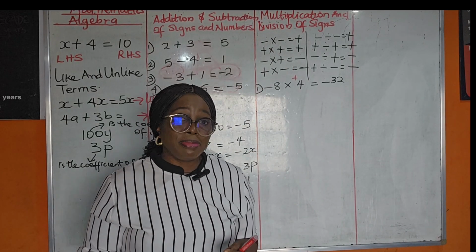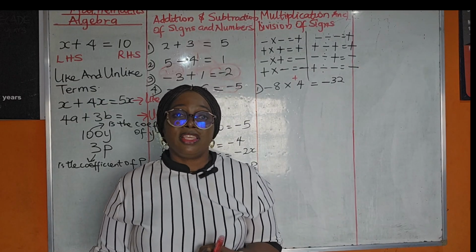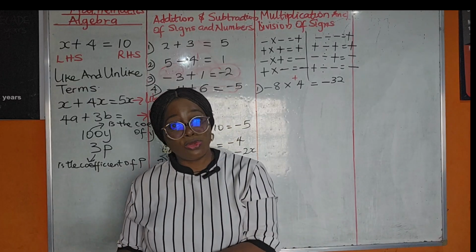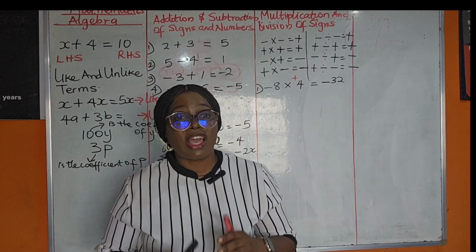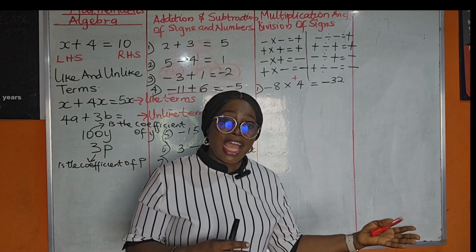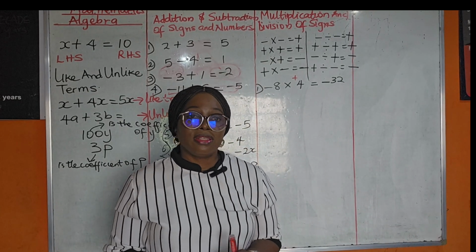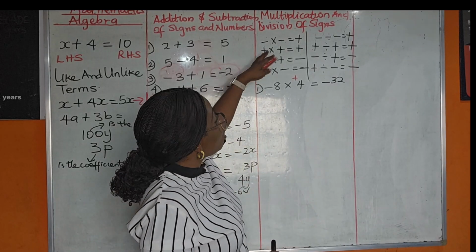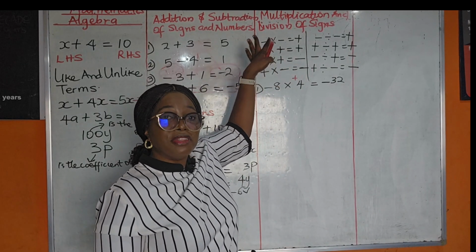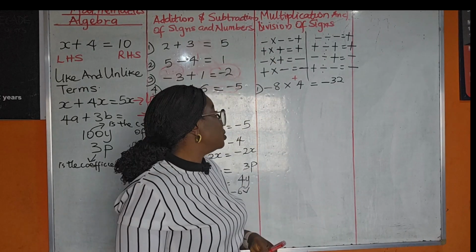Take note that in algebra, a wrong sign can give you a wrong answer. If your answer is meant to be plus 32 and you write minus 32, those are two different numbers. You have failed it. If your answer is meant to be minus 100 and you end up writing plus 100, you have failed the answer. So you have to be double sure and you have to know this very well. That's why I'm taking my time to explain this. These are the fundamentals before we delve into solving algebraic equations.